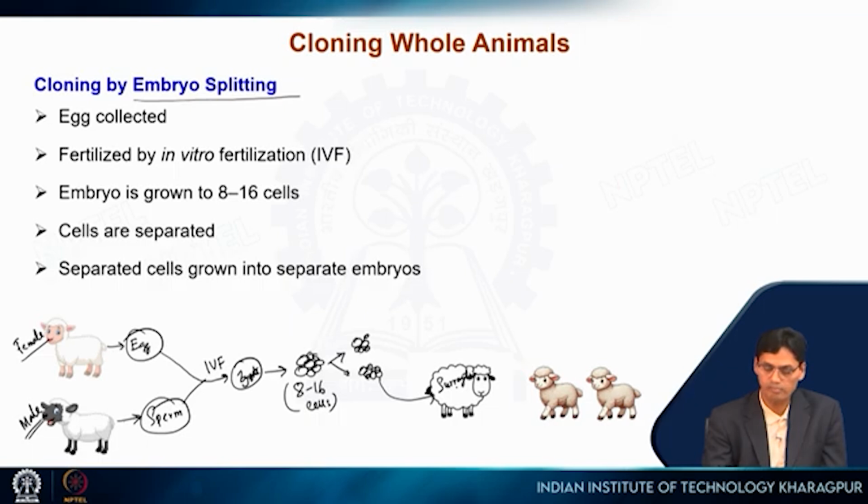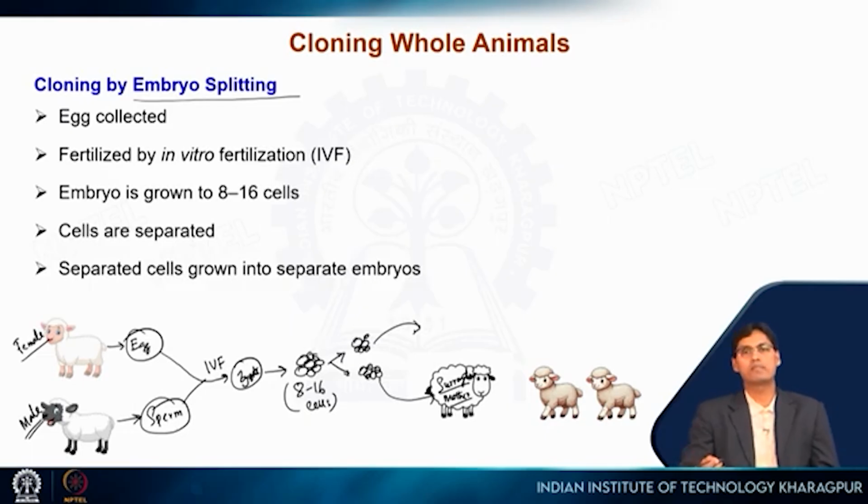Surrogate mother. So it's another sheep, the surrogate mother. You can put this one into another surrogate mother or the same surrogate mother, that doesn't matter. But finally, what you will get here is that this surrogate mother will give birth to these sheep, right?